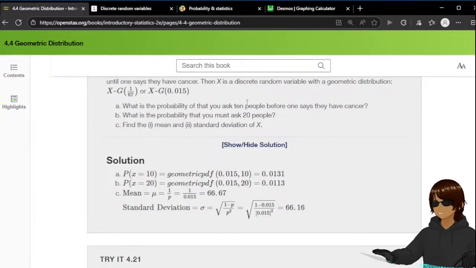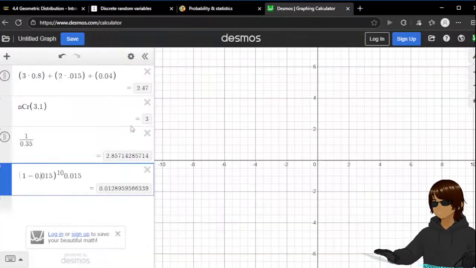I'm confused by the wording. Does this mean you ask 10 people and all of them say they don't, and then the next one you ask, he says he does? You ask 10 people before one says they have cancer, right? X is equal to 10. It's not 0.0131.